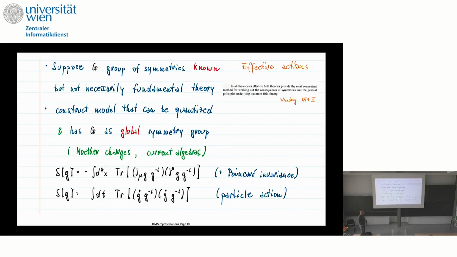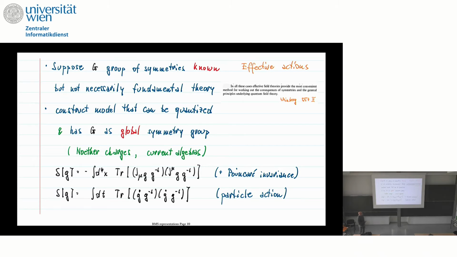Also here, it is absolutely obvious to see why these actions are invariant under the group, in this case under right translation by constant group elements, because we are talking about global symmetries. It's just because if you multiply this from the right by a constant matrix, it will not be seen by the derivative, because it's constant, and it will cancel between G and G minus 1.